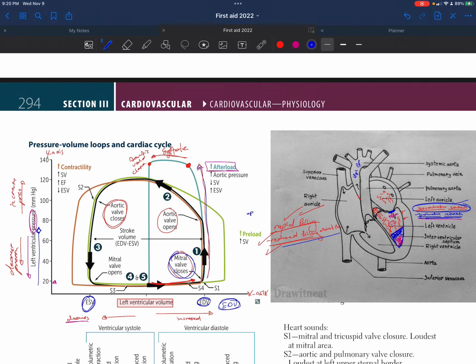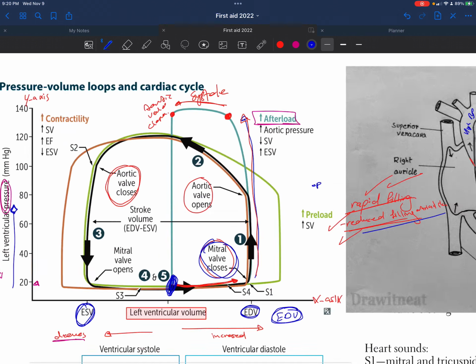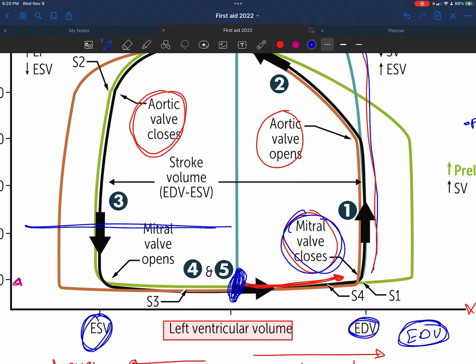Instead of staying here, it now stays over here, and this is the problem because now we have so much blood staying within the heart after systole. So we have a very high end systolic volume because it went that way.